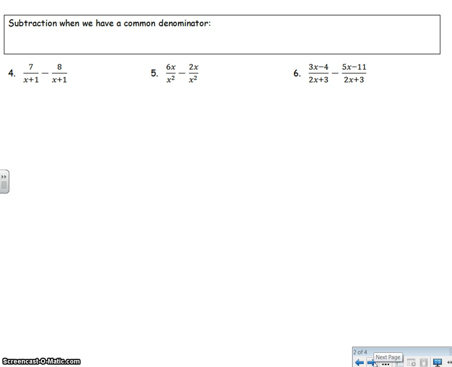Okay, subtraction, when we have a common denominator, the rules are the same. You just might want to make yourself a note to watch your signs. So we will subtract our numerators.